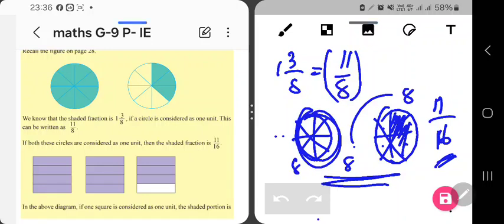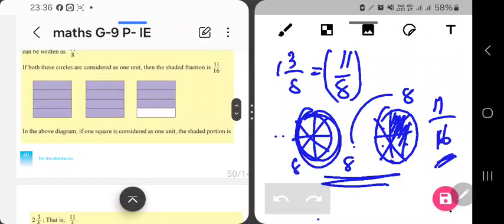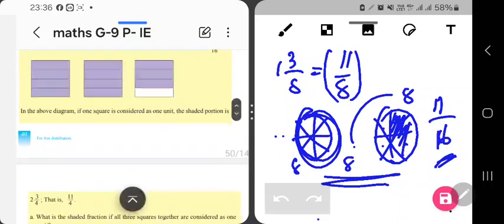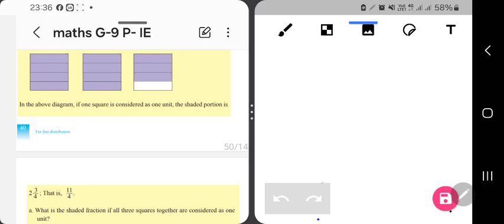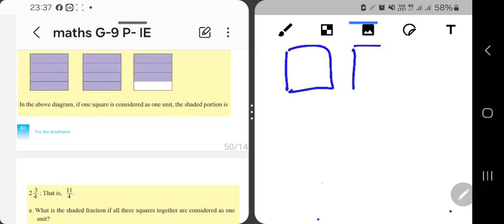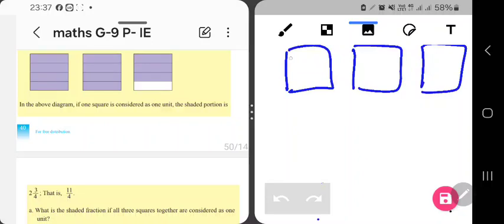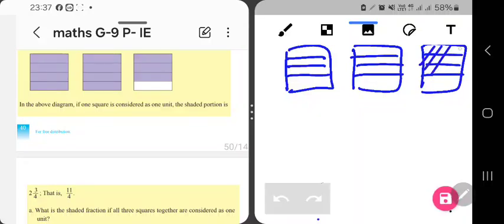So now further continuing here. Now in the above diagram, if one square is considered as 1 unit, the shaded portion is, yes, so let's figure that out. So one square, now this is a square, there are 3 squares, and each square is divided into 4, and here 3 are colored, here everything is colored, here everything is colored.